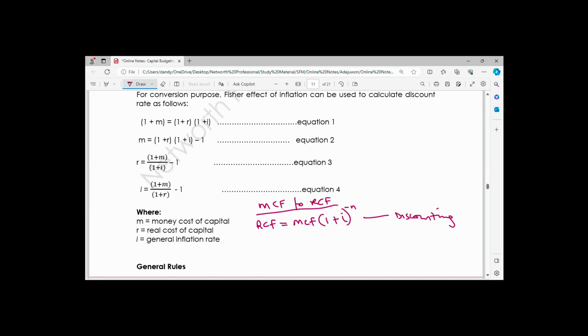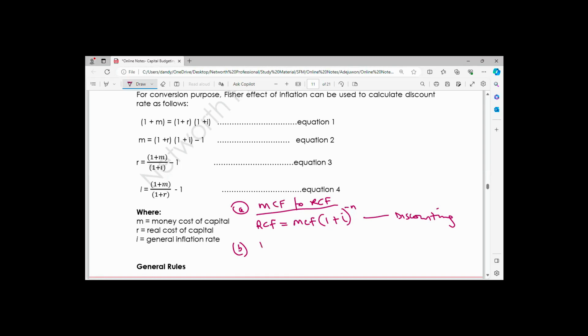That is number A. Number B, and this is the one that is very common: in a question, you are given real cash flow and you are also given the inflation rate. It means that you are supposed to calculate money cash flow. To convert real cash flow to money cash flow, you are supposed to compound, meaning you increase your real cash flow to its money cash flow equivalent.